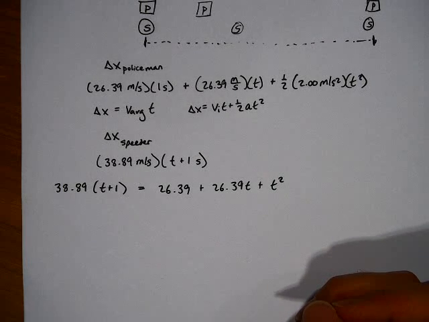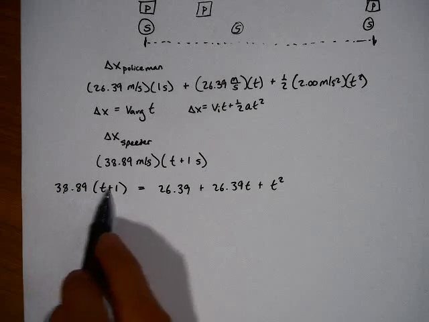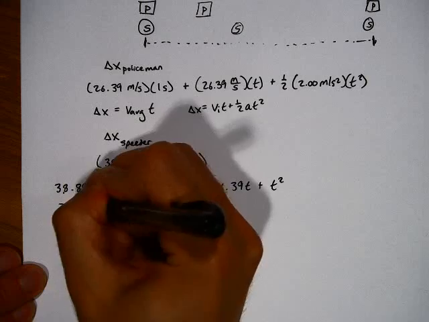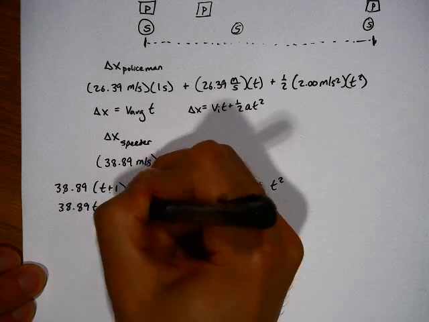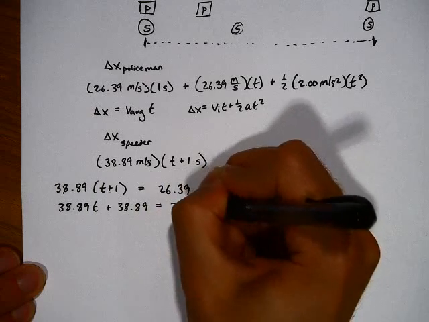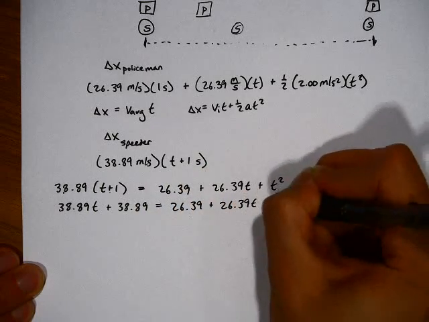We have a quadratic equation, and we can distribute this term here and get 38.89t plus 38.89 equals 26.39 plus 26.39t plus t squared.